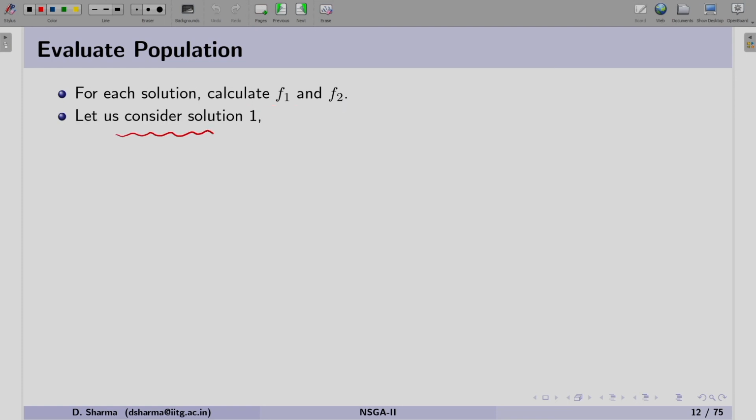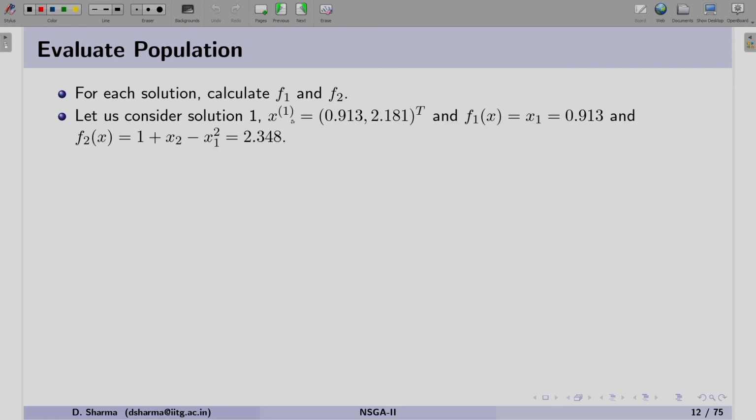Let us consider solution number 1. As in the previous slide, we understood that the first solution has two components, x1 and x2. In order to find the value of f1, we include their values so that I can get f1, and similarly f2, including the values of x1, x2 of solution 1, we get 2.348.